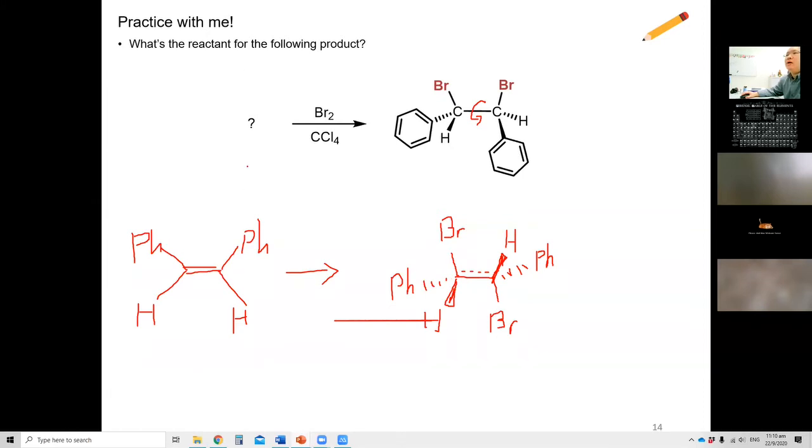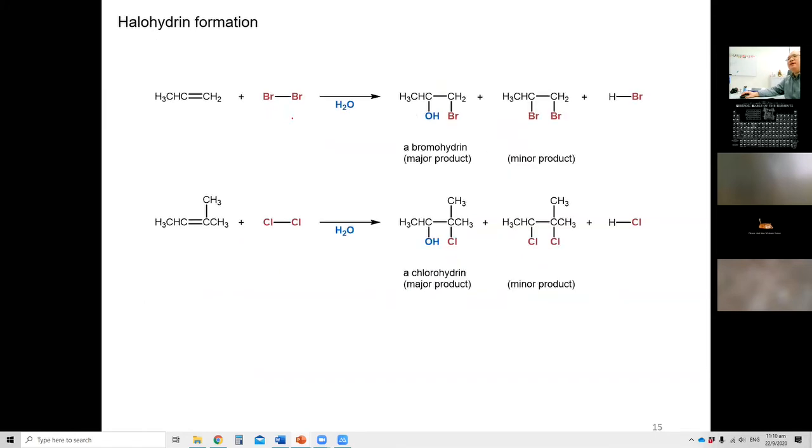All right, so again, if you see the product in the exam or midterm, if you see the reagents used, you need to figure out what's the reaction, figure out the stereochemistry of this reaction, and then try to figure out the starting material. All right, okay, so that's the dihalogen addition.